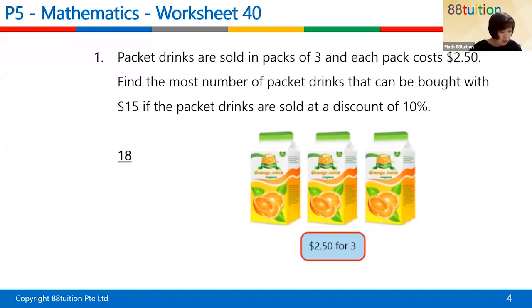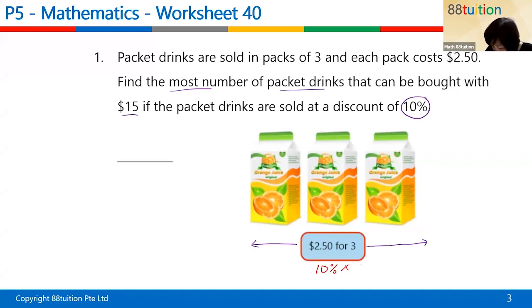Thank you. Okay, so we have to find the 90% of the packet drink first. Okay, so let's take a look. So with a 10% discount, that's what we need to find. So with 10% discount of $2.50, it will give you 0.25.